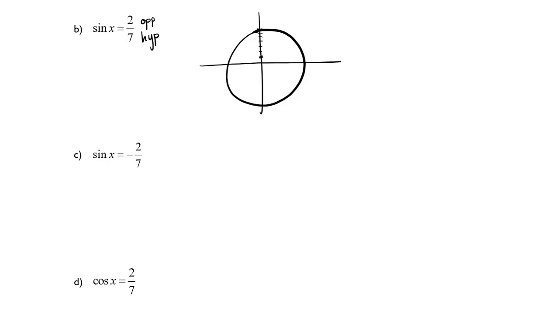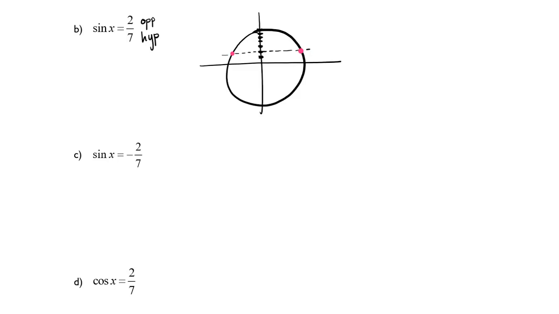There's my rather rough sketch of what these units might be. So 2/7 is right here. 2 of the 7ths up the unit circle. And we can see that the horizontal line will hit in 2 places, in the first quadrant and the second quadrant.